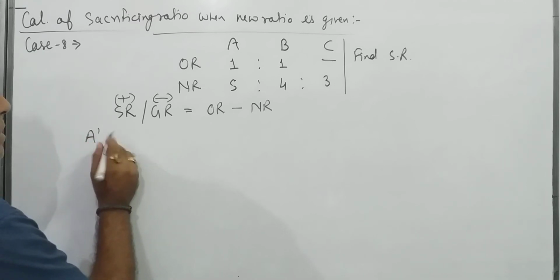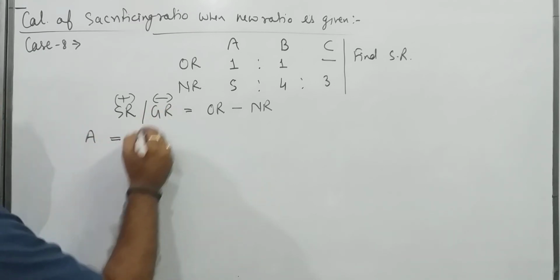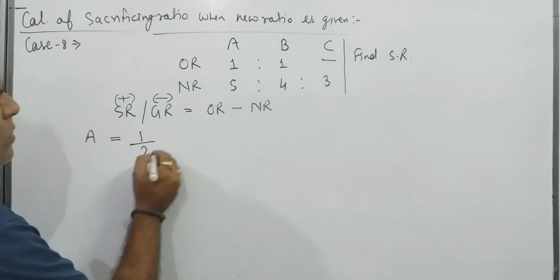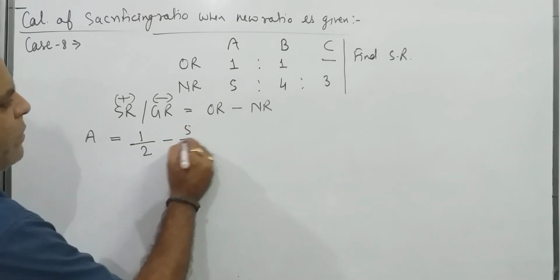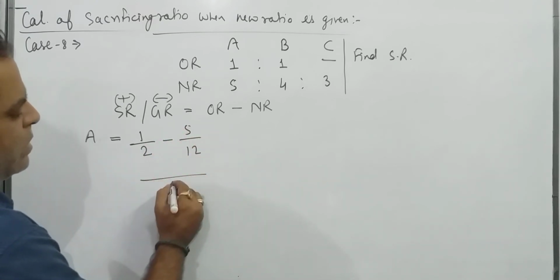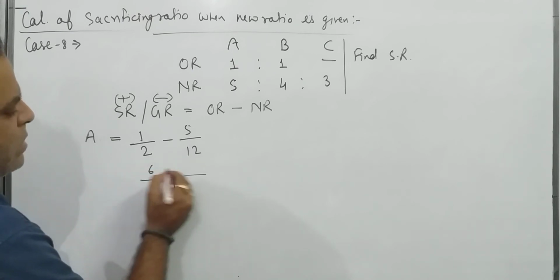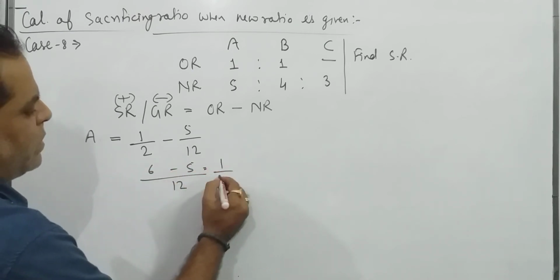See, for A, what is the old ratio? 1/2. What is the new ratio? 5/12. 6/12 minus 5/12 is 1/12.